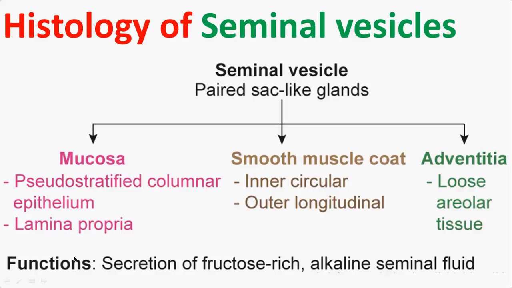What are the functions of the seminal vesicle? Secretion of fructose-rich alkaline seminal fluid. It also helps to flush the sperm out of the urethra. Sometimes the pale yellow color of semen is because of lipochrome pigment released by the seminal vesicle.